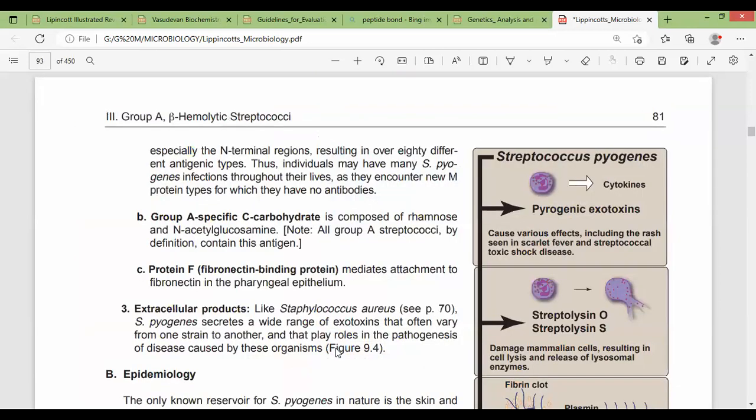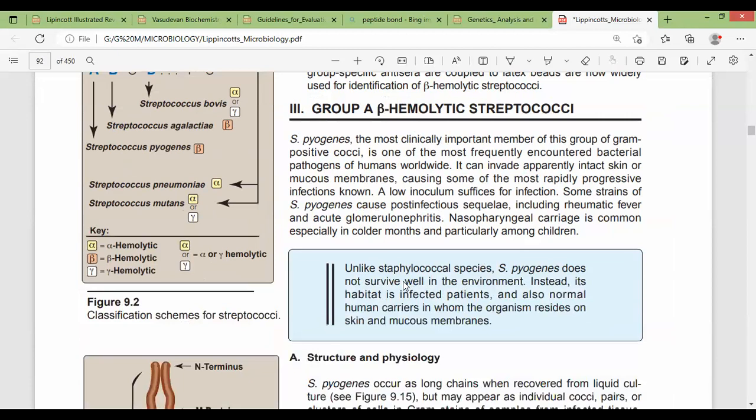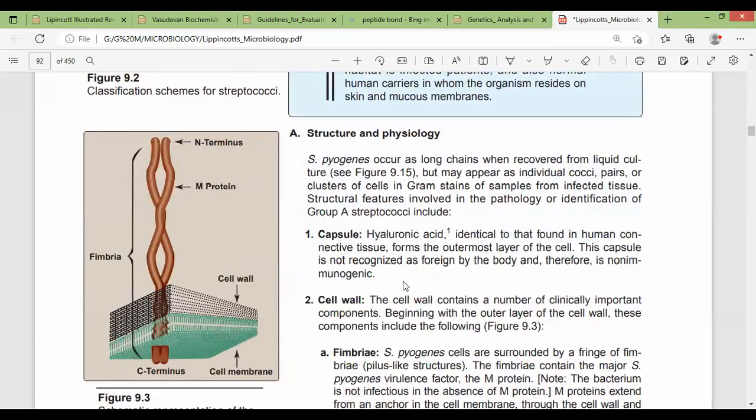Yeah. So let's start with group A streptococci. We will also call it Streptococcus pyogenes. When we see Streptococcus pyogenes, that causes tonsillitis, pharyngitis, sore throat. If it's that infection, it's this Streptococcus pyogenes.